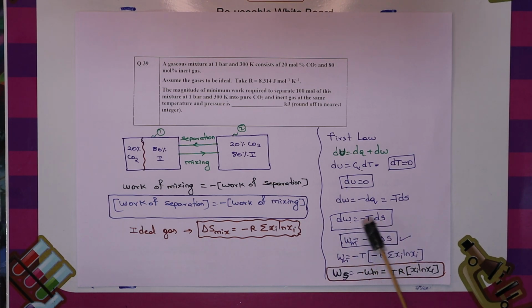If you integrate this expression from state 1 to state 2, the work for the mixing is minus T times the entropy change. The entropy change of mixing you can calculate with the expression minus T into minus R sigma xi ln xi. The work for the separation is nothing but minus the work for the mixing, which equals T times R sigma xi ln xi. So using this expression you can calculate the work.